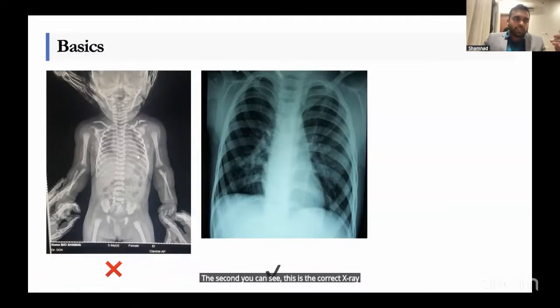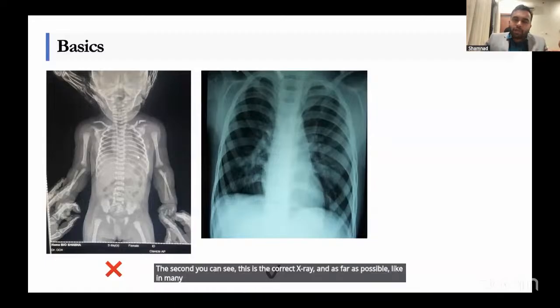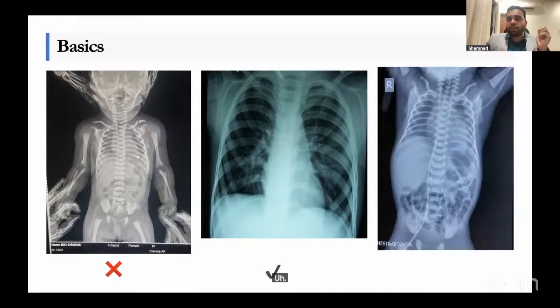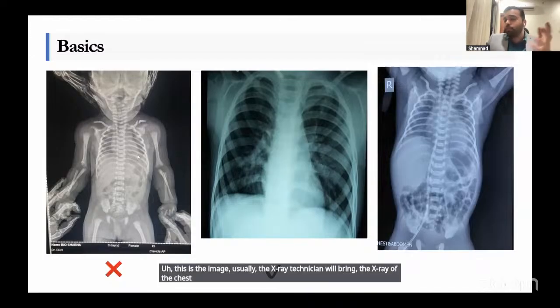As far as possible, in many units, what we come across in neonatal X-rays is that if you order an X-ray for a chest condition, this is the image the X-ray technician will usually bring. The X-ray of the chest and abdomen, more like an infantogram, because for neonates it is much easier to take an infantogram.